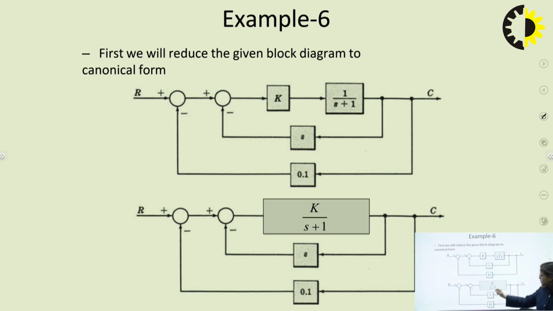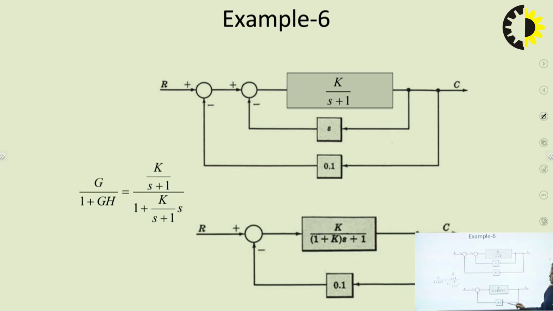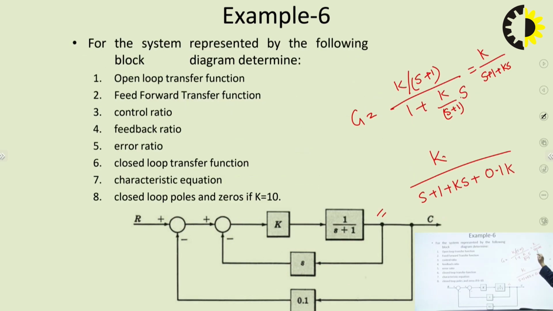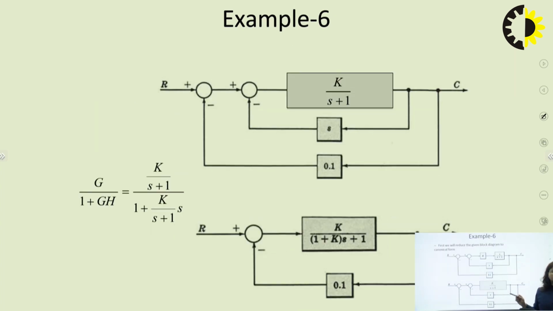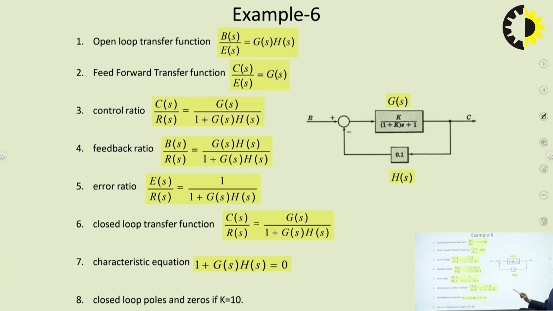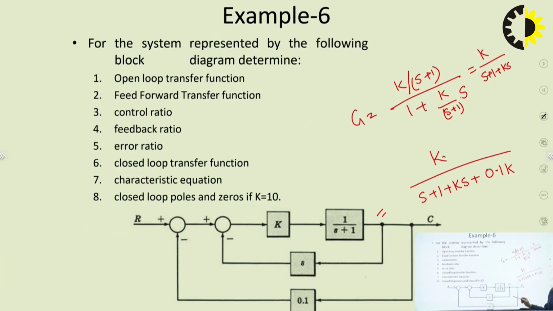As we can say here, this is the function. When we solve it, it becomes K by S plus 1, that is K upon 1 plus K into S plus 1. As we have solved it here, 1 plus K is into 1, then 0.1 feedback, which gives out the overall value as shown here.